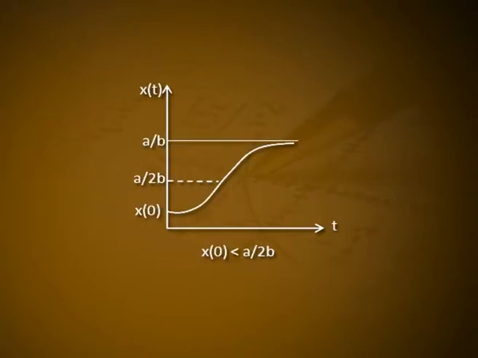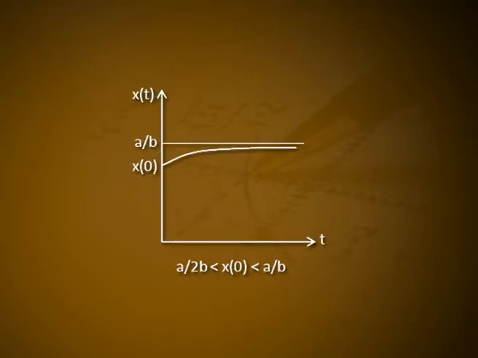If x(0) < a/2b, x(t) increases at an increasing rate till x(t) reaches a/2b and then it increases at a decreasing rate and approaches a/b as t tends to infinity. If a/2b < x(0) < a/b, then x(t) increases at a decreasing rate and approaches a/b as t tends to infinity.